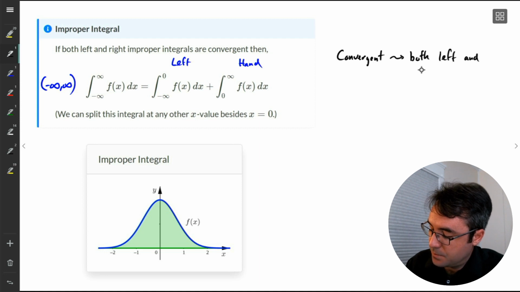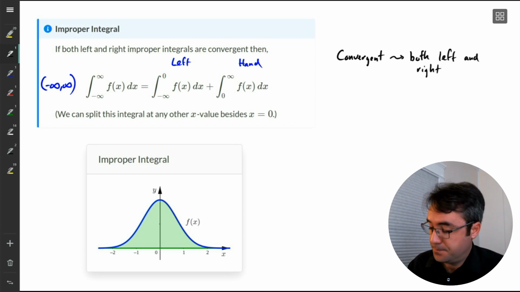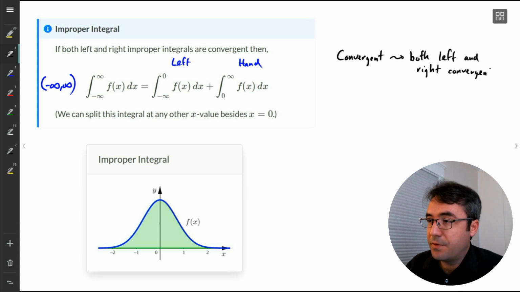So that's what we're going to do. We're going to be looking at both the left and the right improper integrals. And they both need to be convergent. So if one of them is divergent, then no matter what the other one does, this whole thing is going to be divergent.